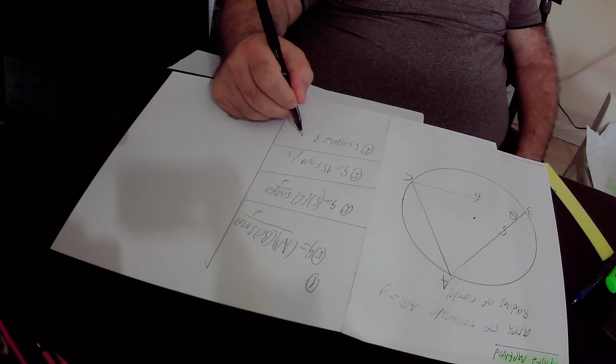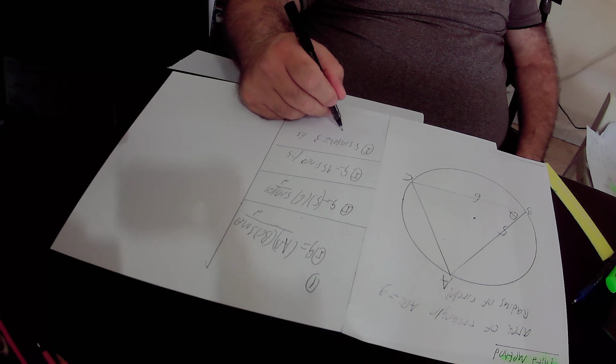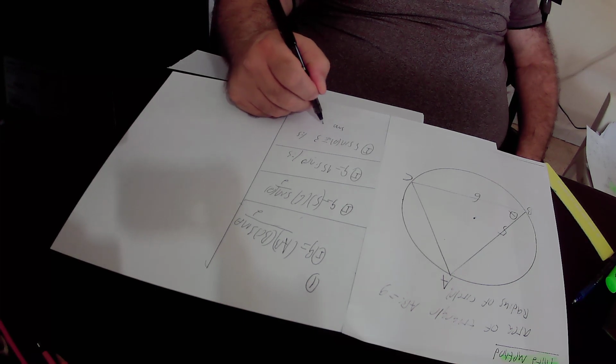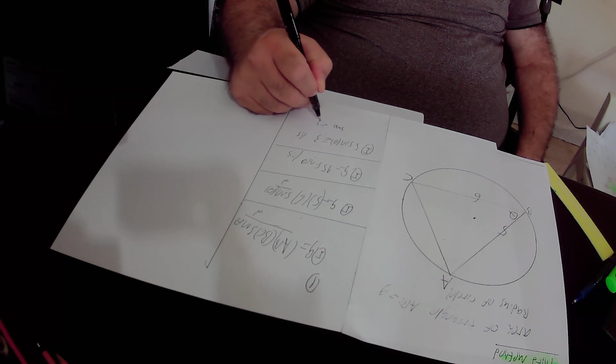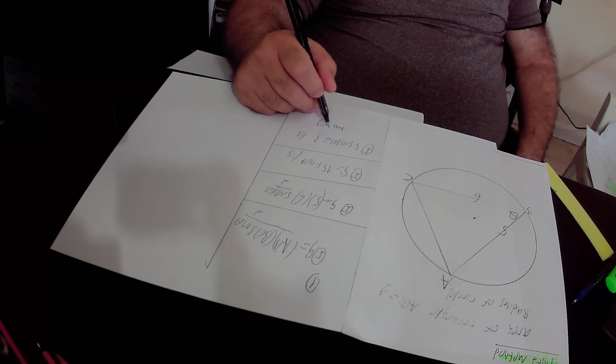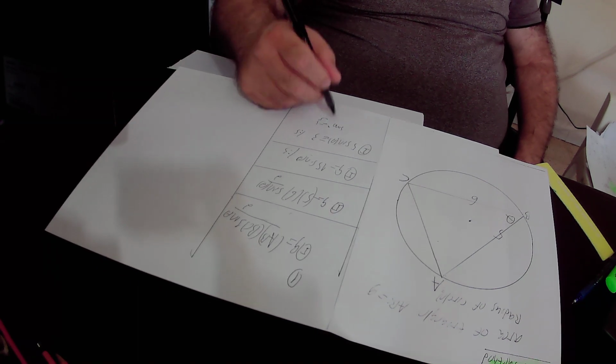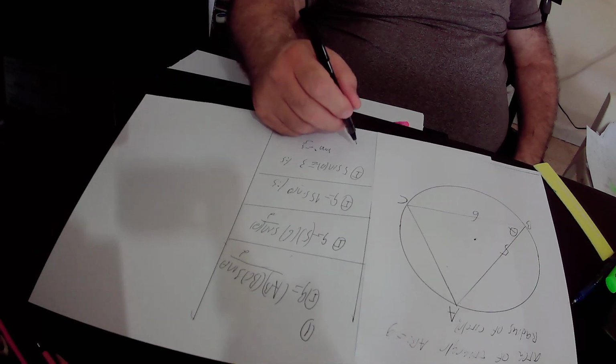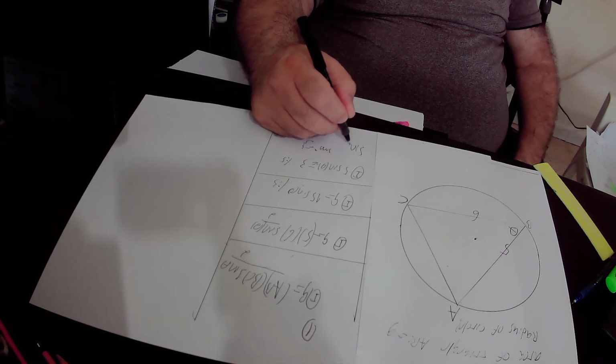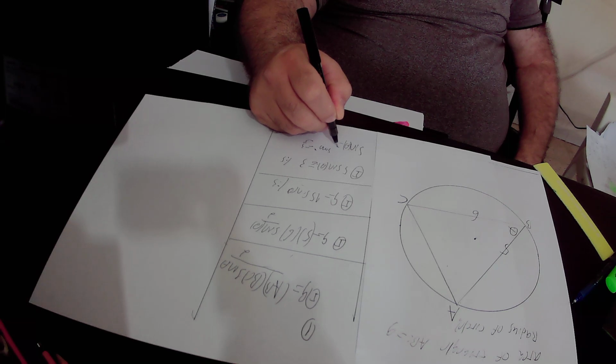Then we divide by 5, and you will get that sine theta equals 3/5.